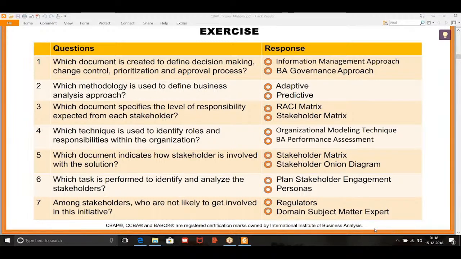Okay, so for number 2, I would say predictive. Why do you think predictive? Because with adaptive, that's more agile. But why do you think the business analysis approach needs to be something where you think everything about the approach up front?